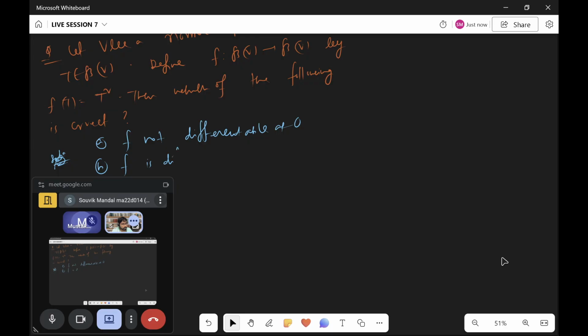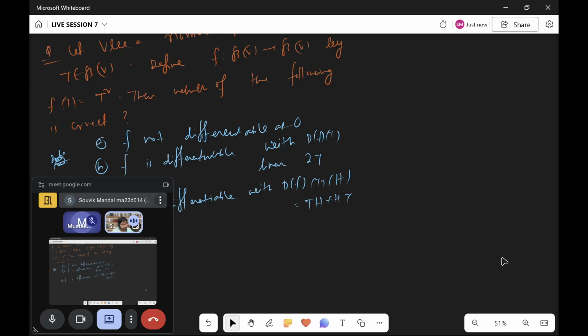Option B, f is differentiable with Df(T) the linear map H going to TH plus HT. Option C, f is differentiable with Df(T)(H) equal to TH plus HT.